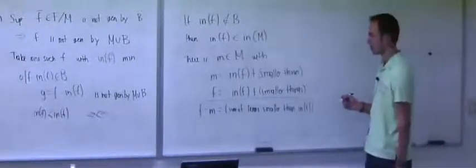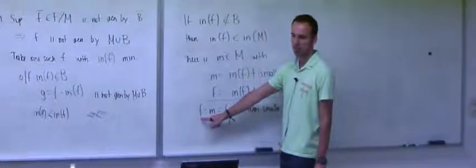But now you see the same argument applies: if I cannot generate f, then I cannot generate f minus m either, because if I had f minus m generated, then I would add m to it and generate f.